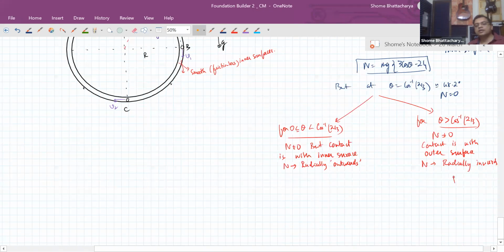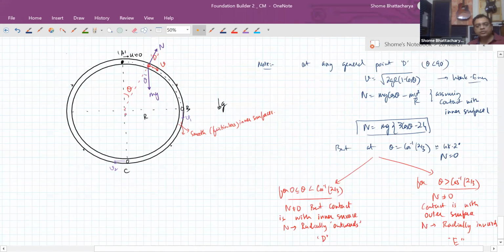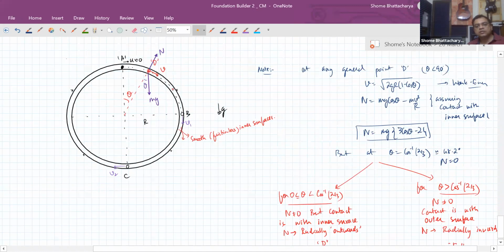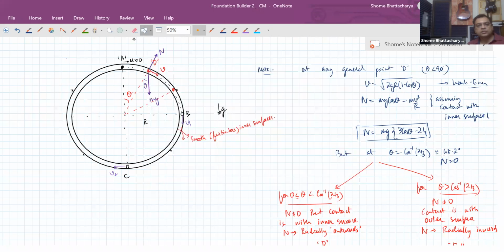Like I'll show a point E over there, further down somewhere over here, there can be a point where this is what is happening. So the normal contact force at this point will be radially inwards.